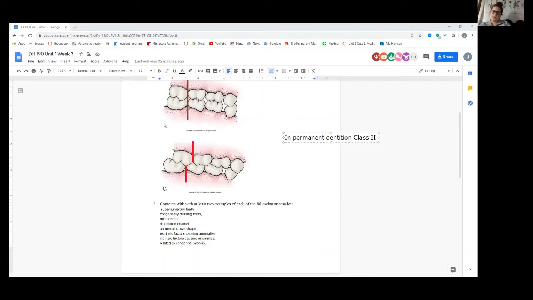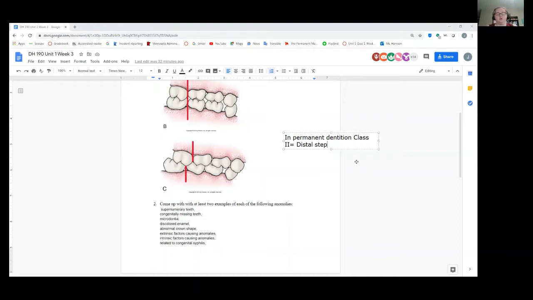So a distal step equals class 2. Now, a mesial step is also associated with class 3, and we'll get into that a little bit later. So a distal step is associated with occlusal class 2.